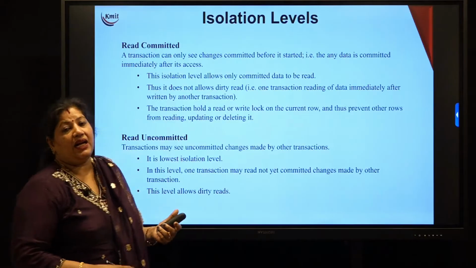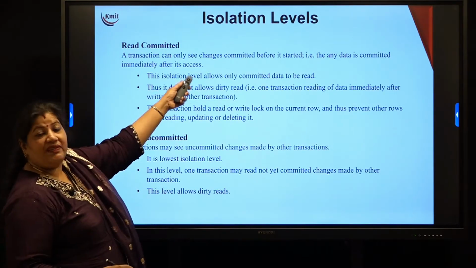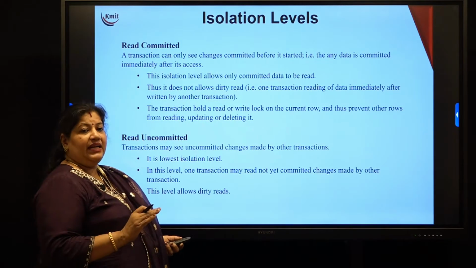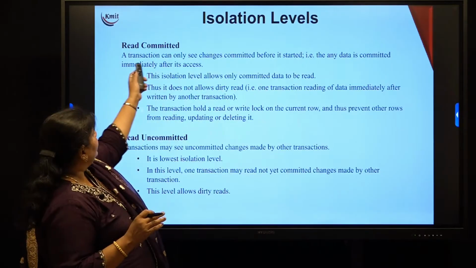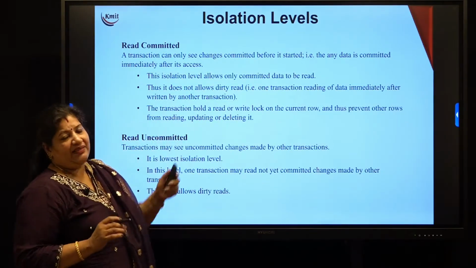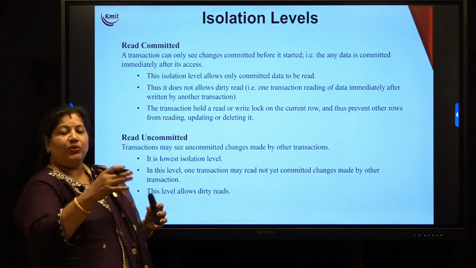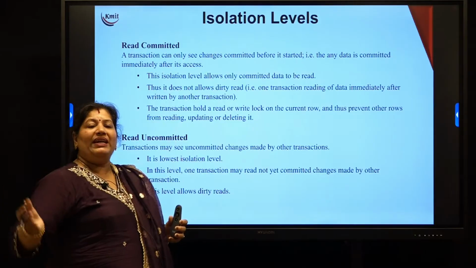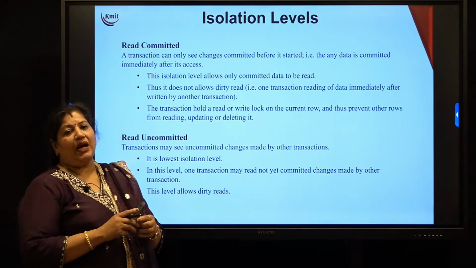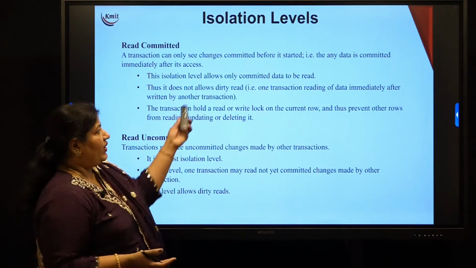Coming to read committed. Read committed ensures that every transaction is committed before it is read. So a transaction can only see the changes committed before it starts. That means as soon as it completes access, it has to be committed, so that when another transaction reads, it will read only the values which are committed and which don't have the chance of getting modified again.